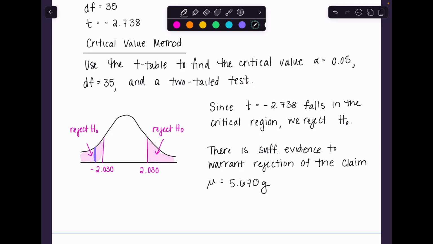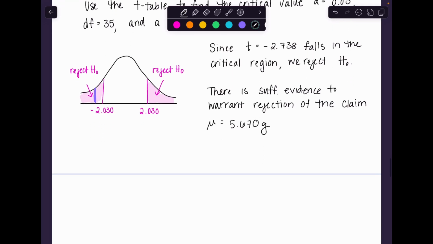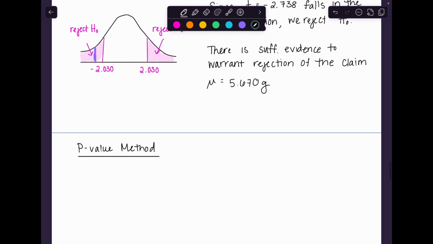Okay. So again, we can do the same thing instead using the p-value method just to show you it results in the same thing. You again need to use an online calculator.